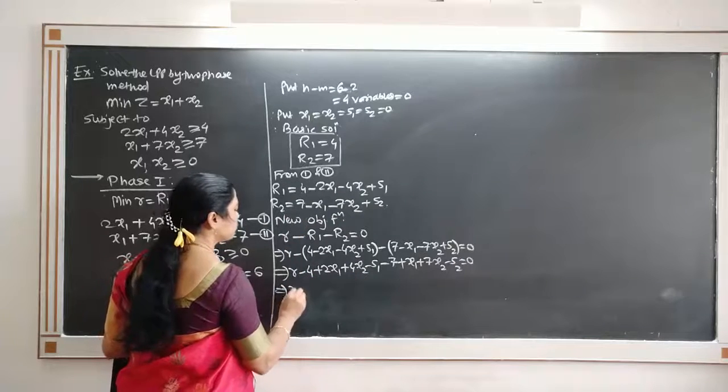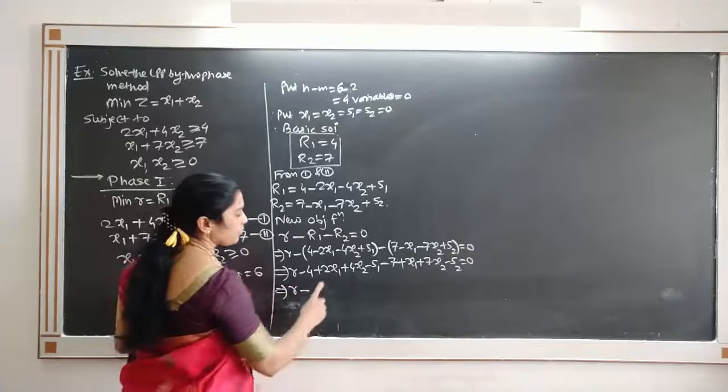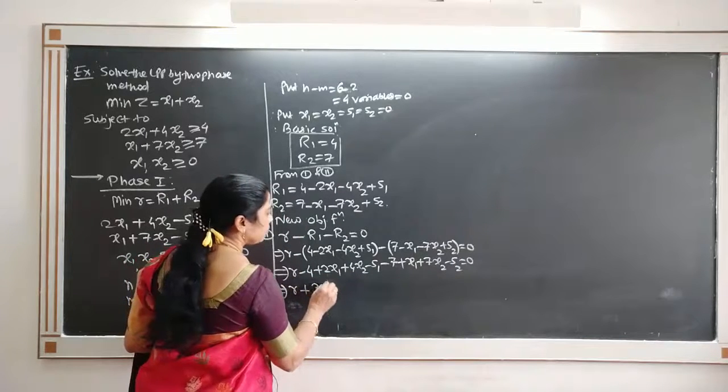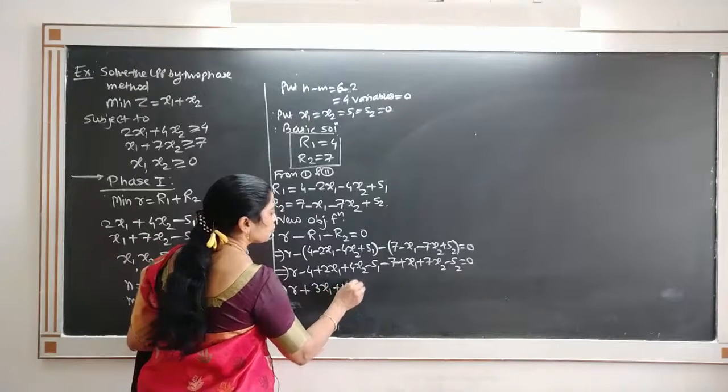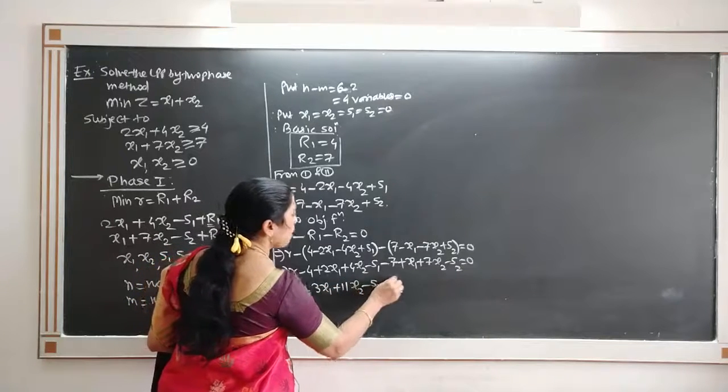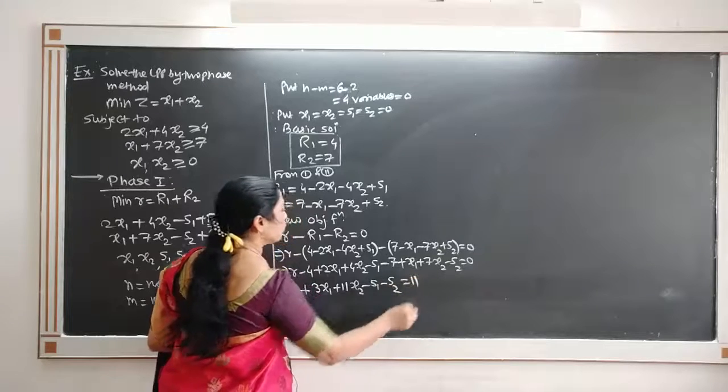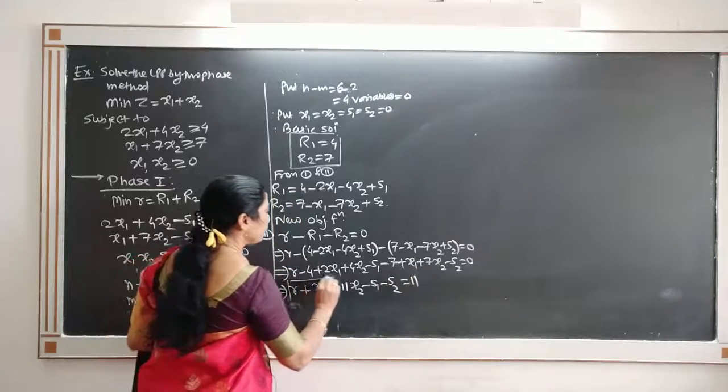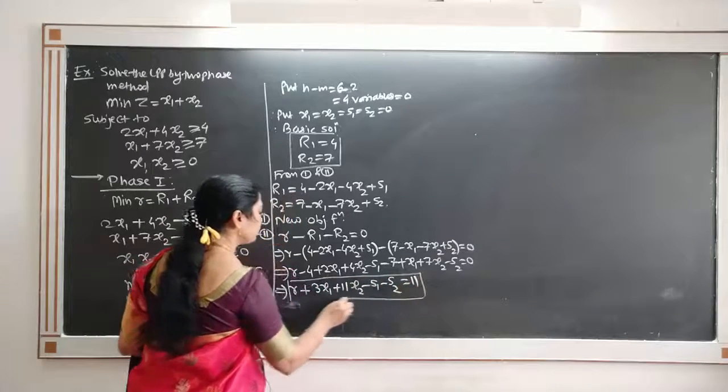Collecting similar terms together, we get r plus 3x1 plus 11x2 minus s1 minus s2 equal to 11. So this is the new objective function.